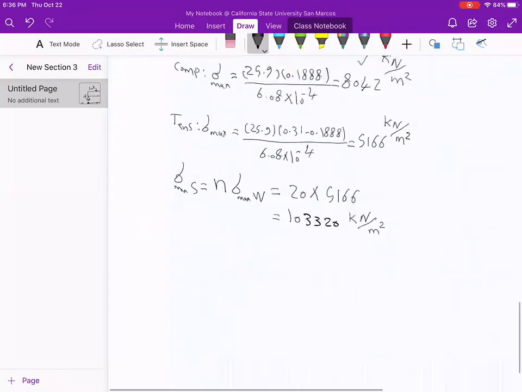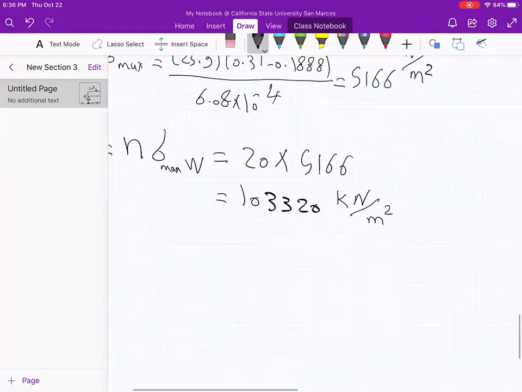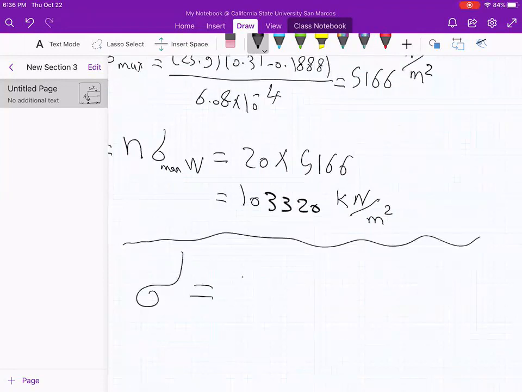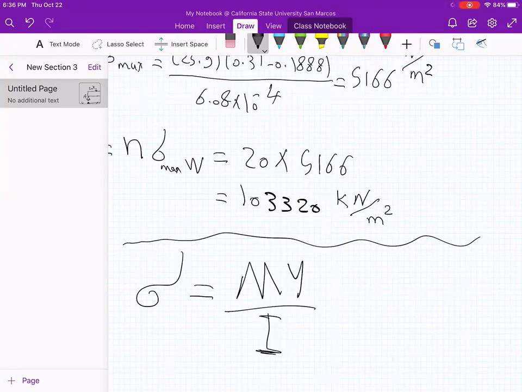Okay, guys, so that's the procedure to solve the composite section. In summary, we have only this equation. Possible problem: if the beam is given with the load, we need to use statics to find M. Sometimes M is given, like in the second problem, and that's fine. But if M is not given and the beam is given with the loading, use statics to find the moment.